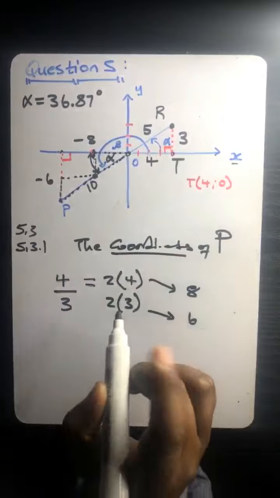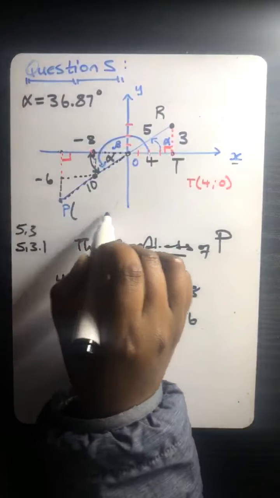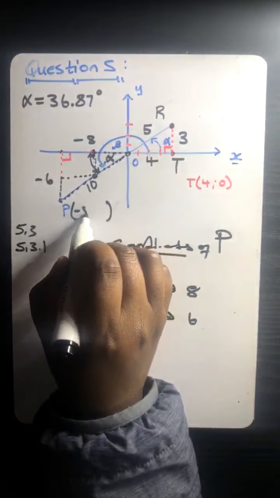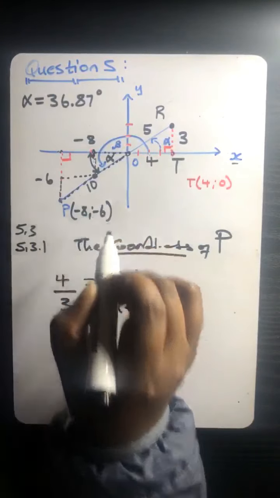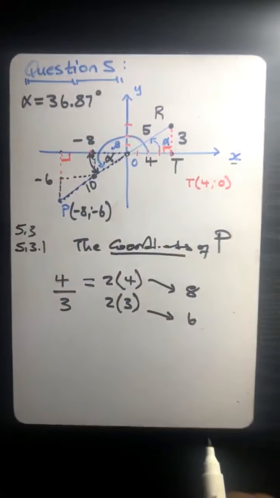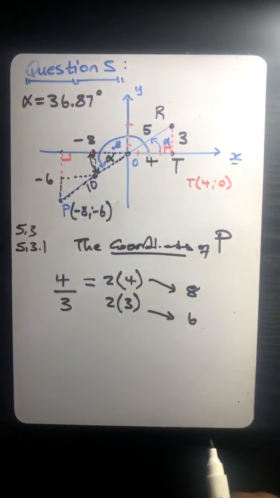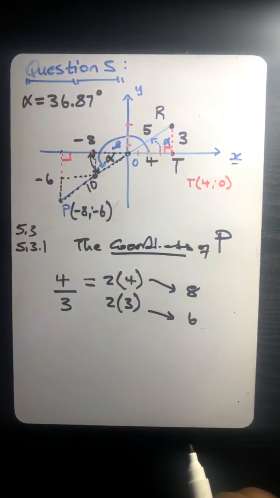But with you knowing that in this quadrant you are having negative values, that means you are having x as negative 8 and also y as negative 6. I think I'm just not sure of which other way to explain that.